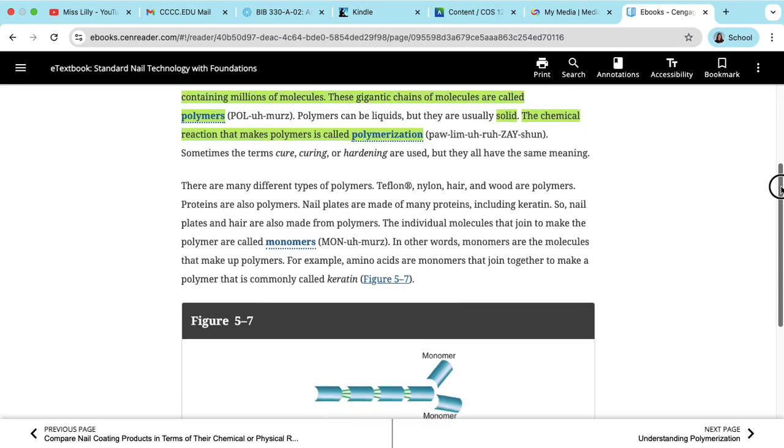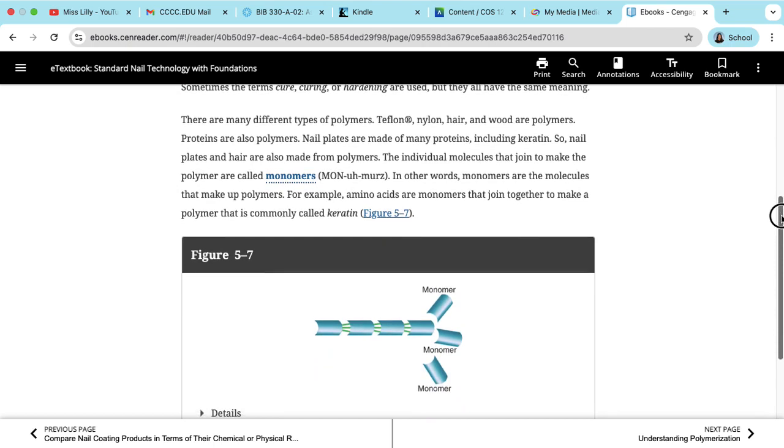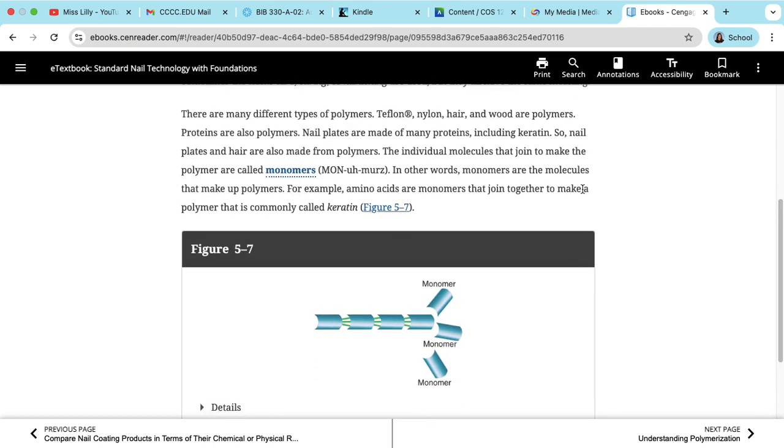There are many different types of polymers. Proteins are also polymers. The individual molecules that join to make the polymer are called monomers. These usually come as a liquid.